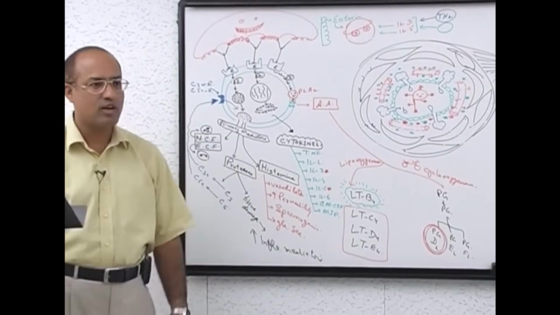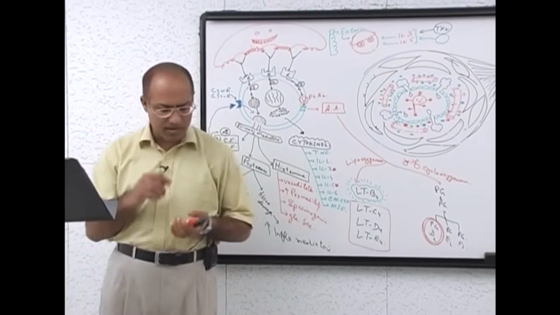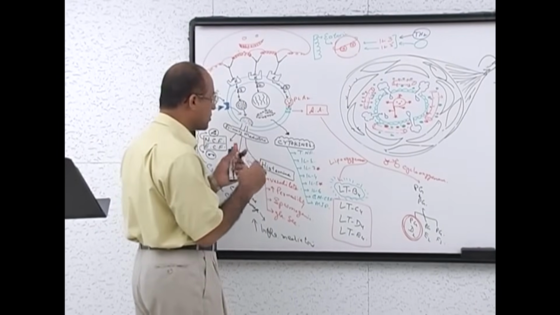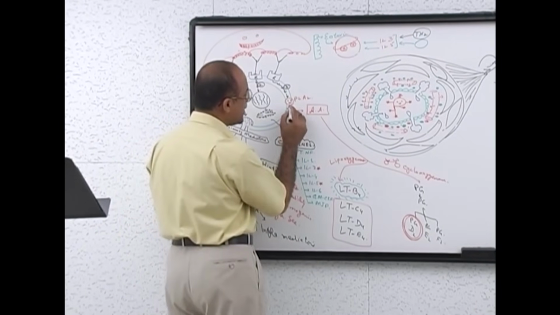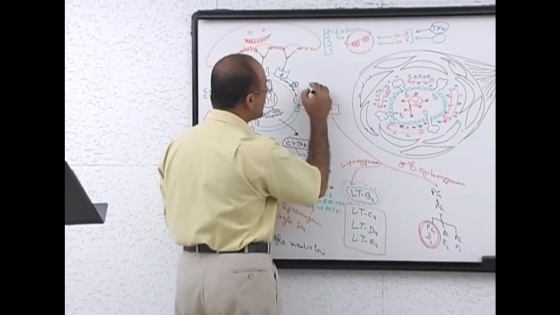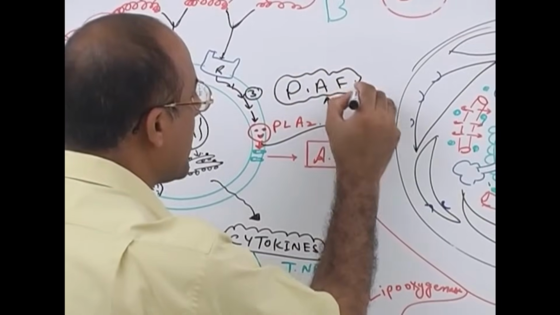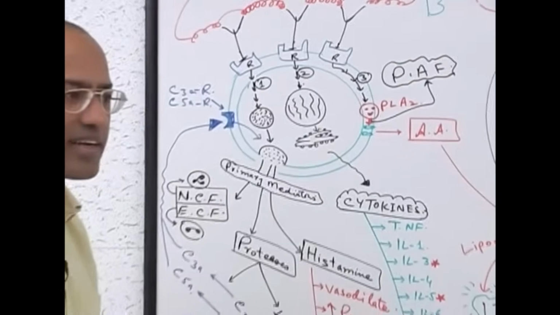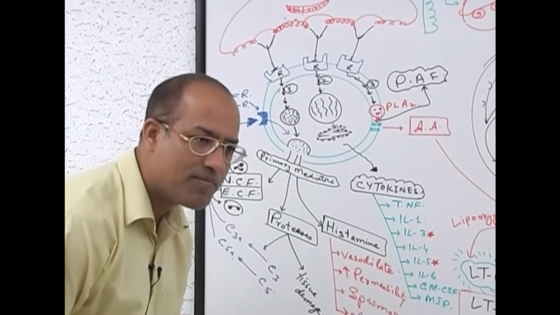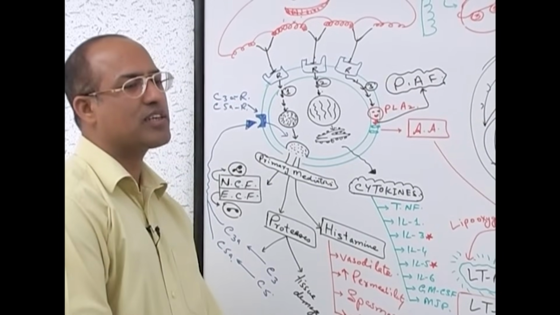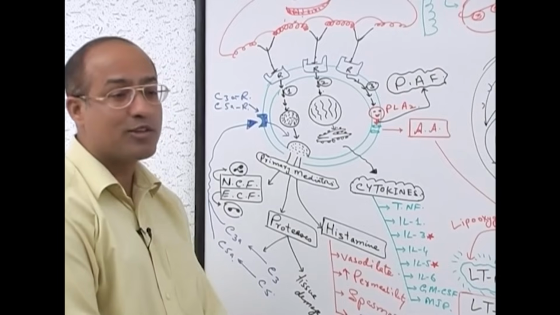Is that right? Now let's see what is happening. Meanwhile, you should not forget, another product is coming into the game, and that is platelet activating factor. This is also derived from the membrane lipid, and to remember what it is doing is easiest.